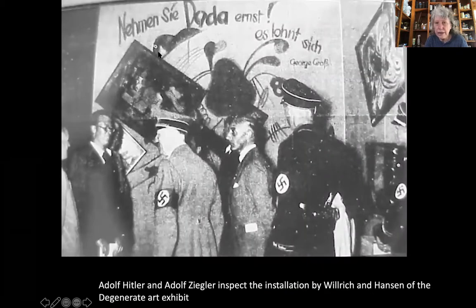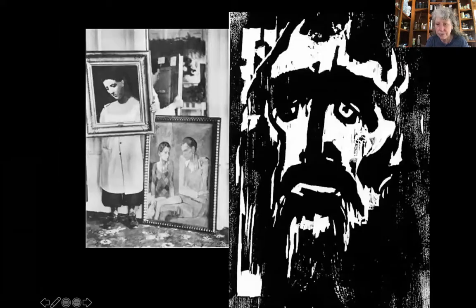And then when they exhibited the art, this is George Grosz, who was a Dada guy at first. And actually, here's Hitler and Ziegler. This is about Dada. So these are the words of Grosz. Take art seriously. Take Dada seriously. It's worth it.